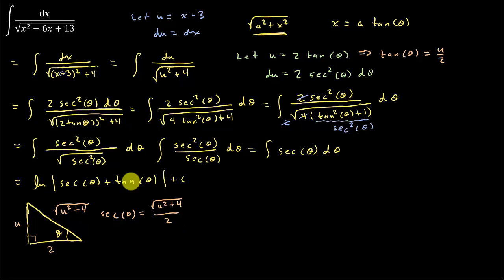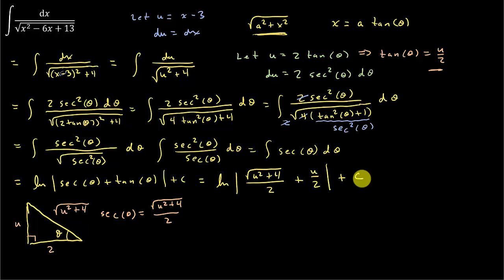And then tangent theta, well, I've got that up here. That's u over 2. So what we can do now is write this as natural log, absolute value, secant theta, which is square root u squared plus 4 over 2, plus tangent theta, which is u over 2, plus c.